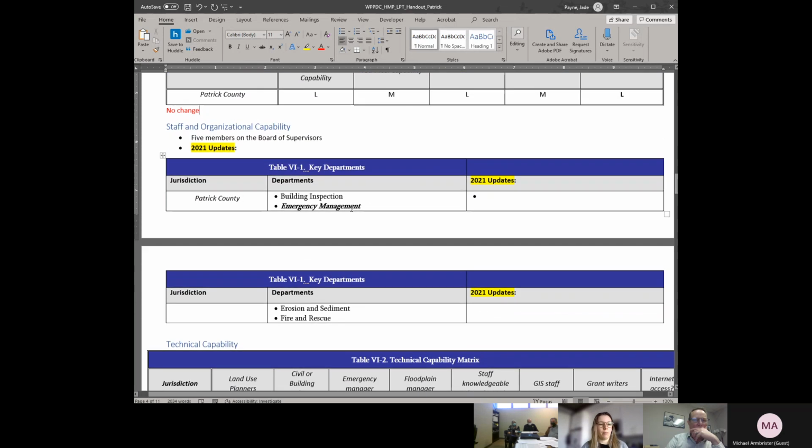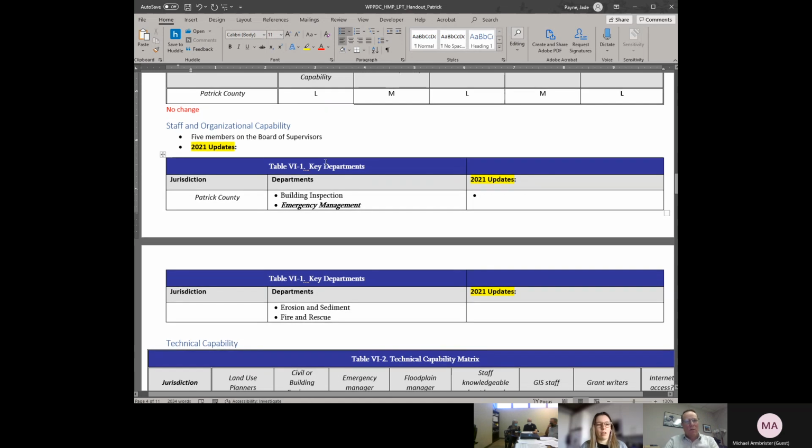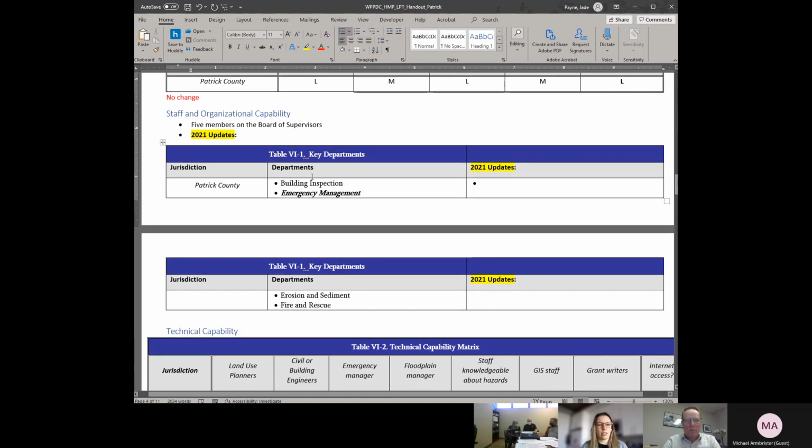Okay. So now moving on to staffing and organizational capability. There was a note in the 2016 plan that you guys have 5 members on your board of supervisors. Is that still accurate? Yes. Okay.